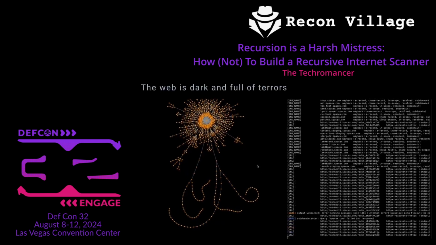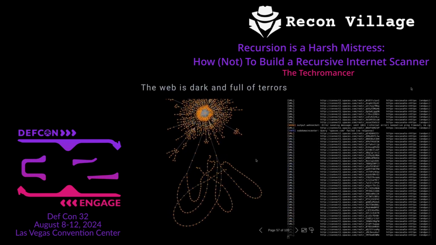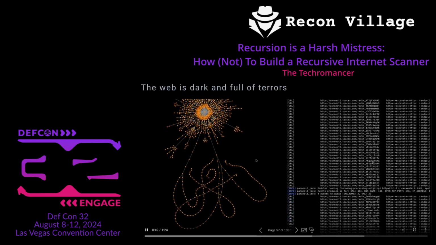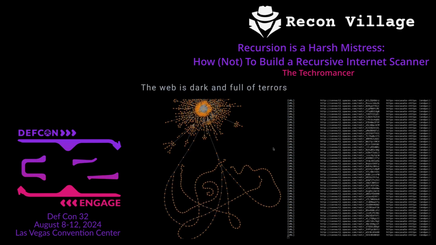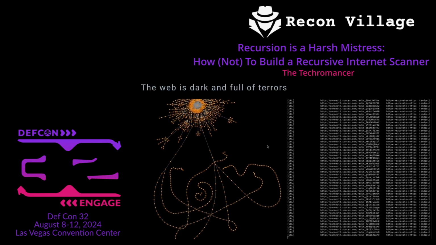Uh-oh. Okay, all right, so again, if you're close enough to see what's happening in the terminal, you can see that what we're getting are just a whole bunch of URLs.